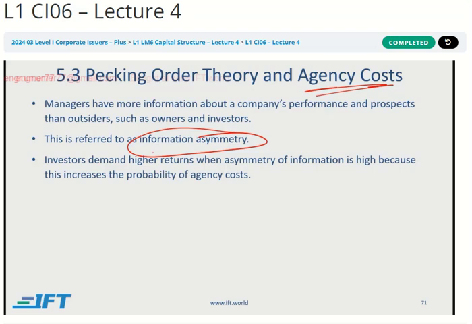So similarly to that, the managers of a company know more about what's going on than the actual owners of the company, especially when it comes to high-tech businesses. I mean, think about Apple. You think Tim Cook knows more about Apple or the shareholders of Apple?